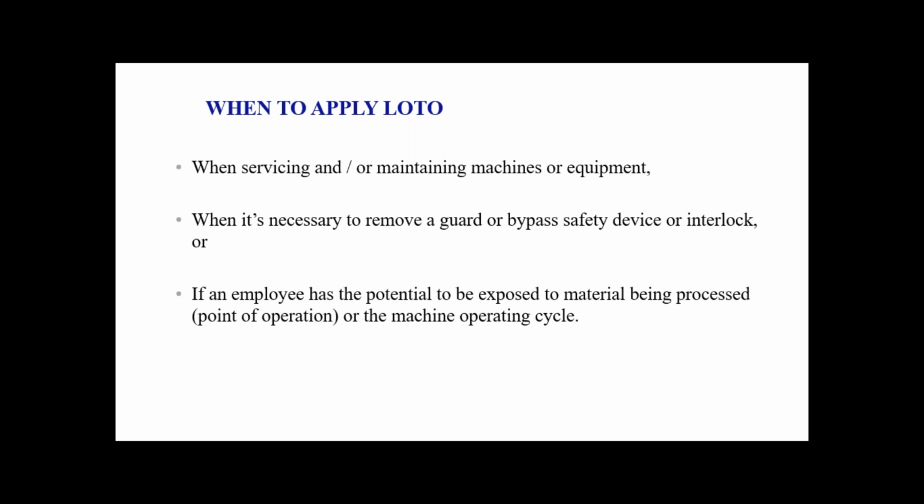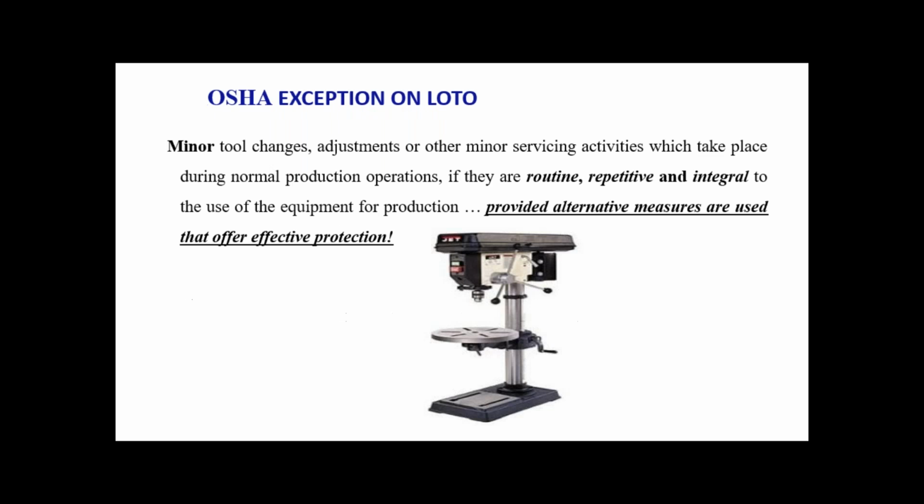The main purpose of this LOTO system is to protect the person, to protect against damage to property, and to protect the equipment or the accessories related to that equipment, to avoid stoppage of production, etc. To protect all these things, we have to apply the LOTO. So we have to judge, we have to observe these things, and then we can apply the LOTO systems accordingly.